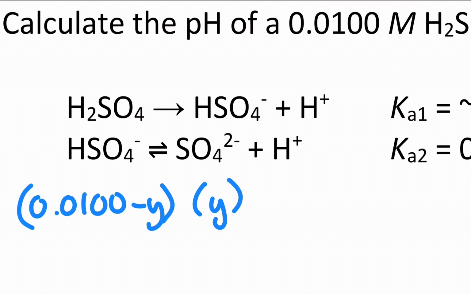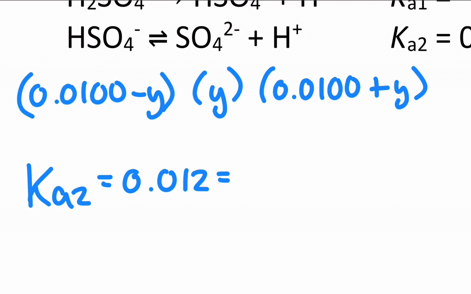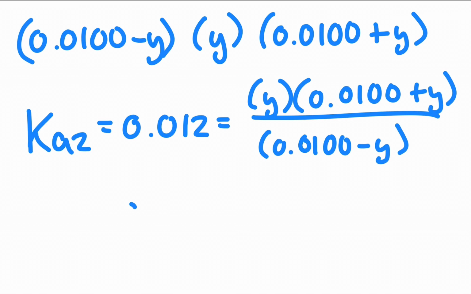And then how much do I have of the H plus? We have 0.0100 plus Y, which means my Ka2, which is still 0.012, is equal to Y times 0.0100 plus Y all over 0.0100 minus Y.